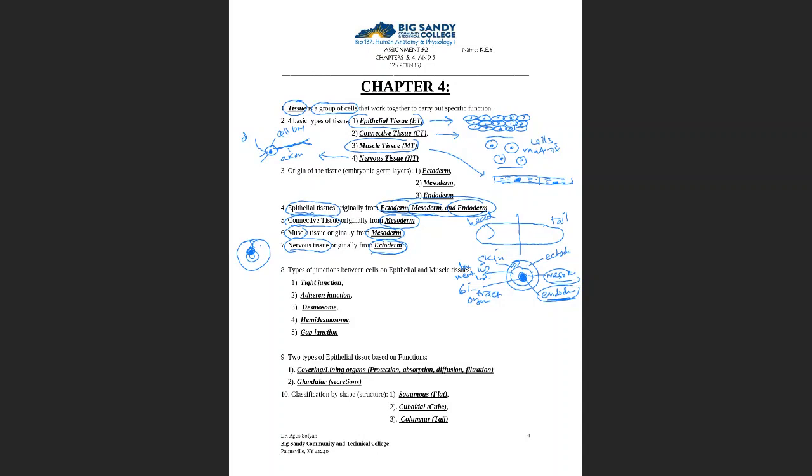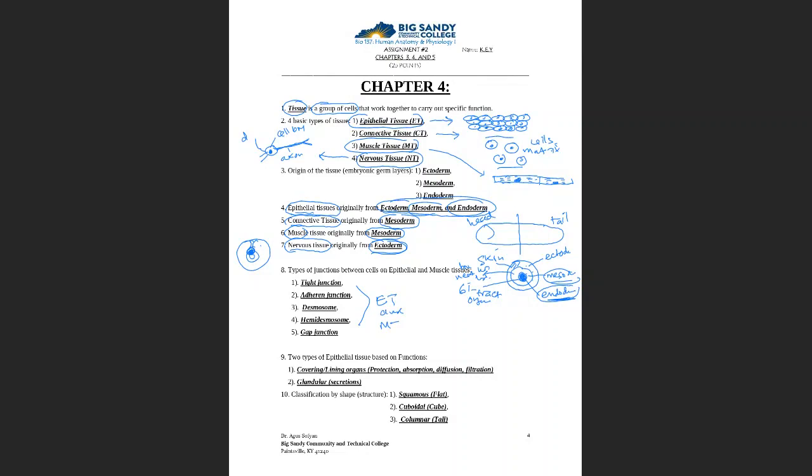There will be no junction in the connective tissue. The same thing with the nervous tissue, there will be no junction. There is no connection between a neuron and another neuron. There is space, okay? There is no junction. So the junction is only present in epithelial tissue and muscle tissue.